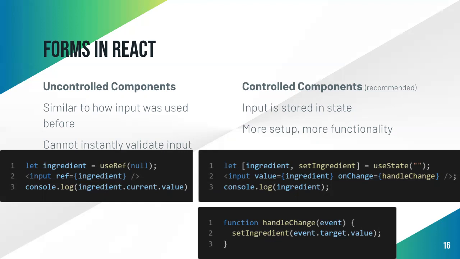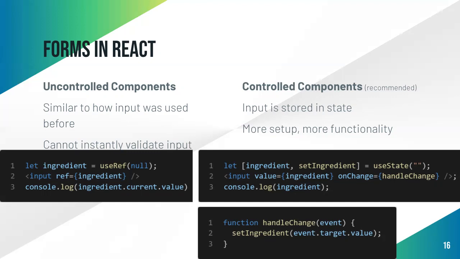Now you can just use ref.current.value, and that will give you the value, and that will always work. And then on the right side, we're connecting our input to a state variable. If you look at the code example to the right, we have ingredient and setIngredient.